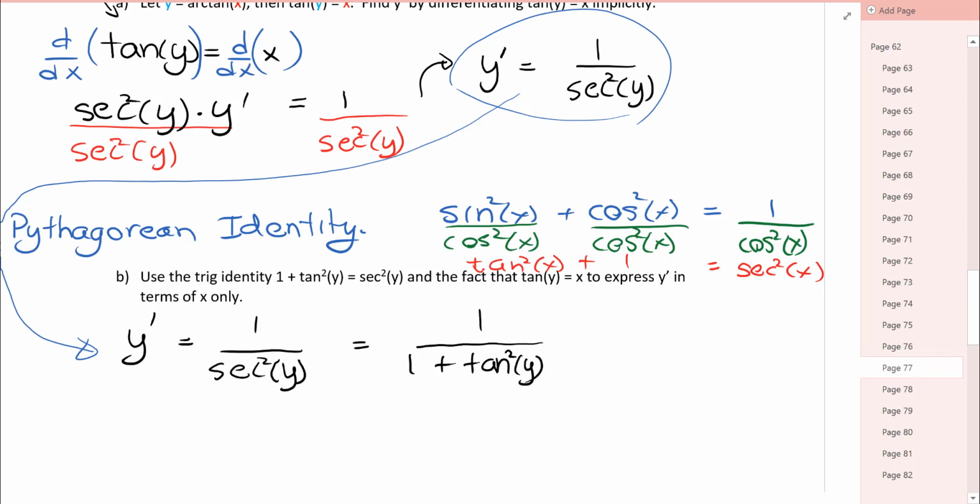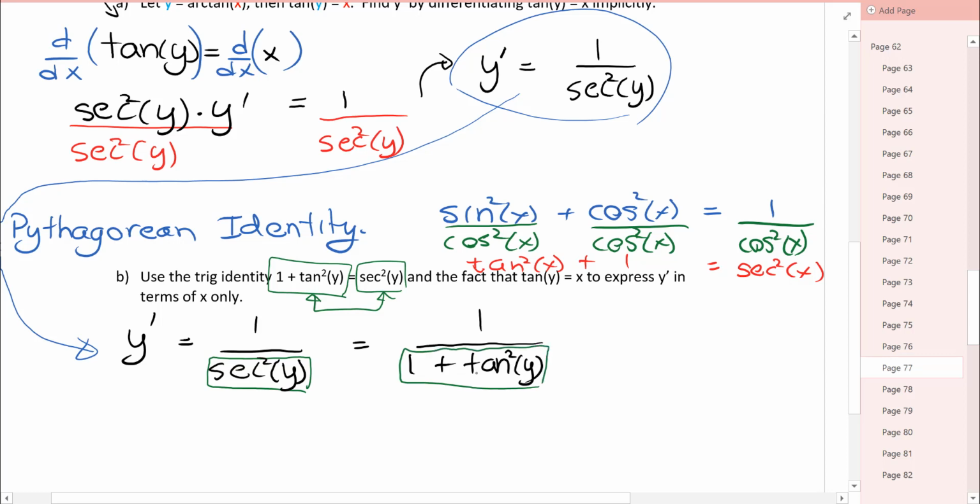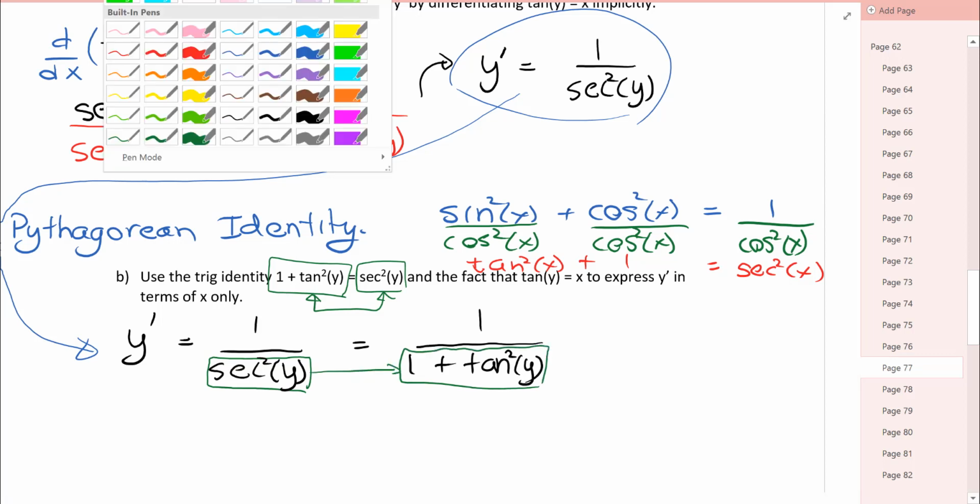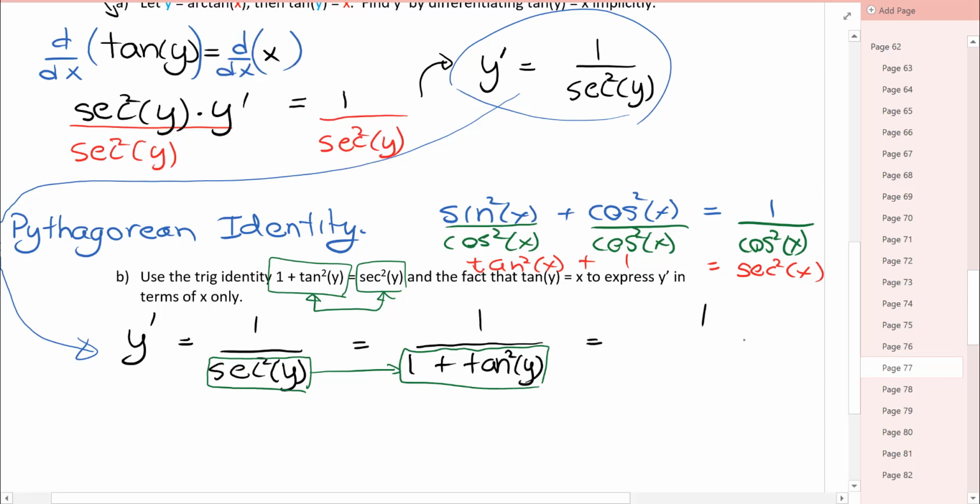Right? So whenever in math two things are equal, you can just replace one of them with the other. So secant squared y is equal to 1 plus tan squared y. So I can just lift one of them out of there and replace it with the other. Right? Well, you could write that as 1 over 1 plus tan y all squared.